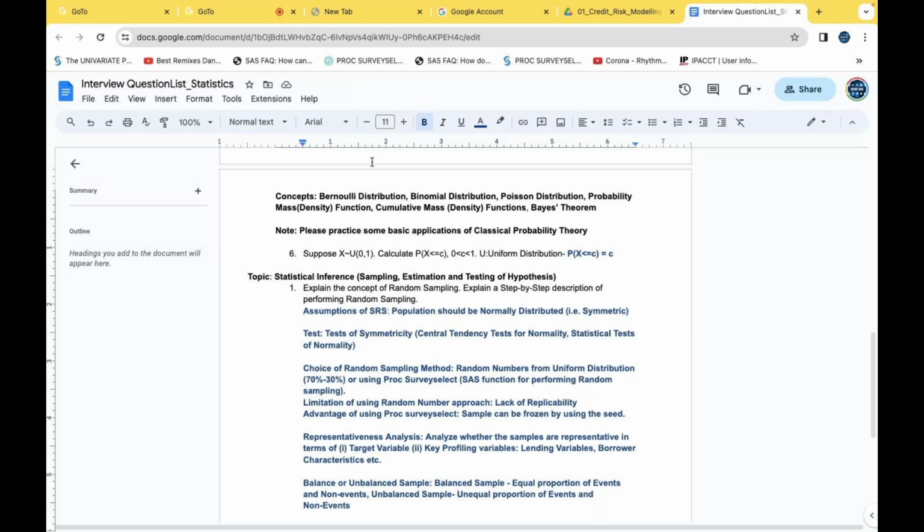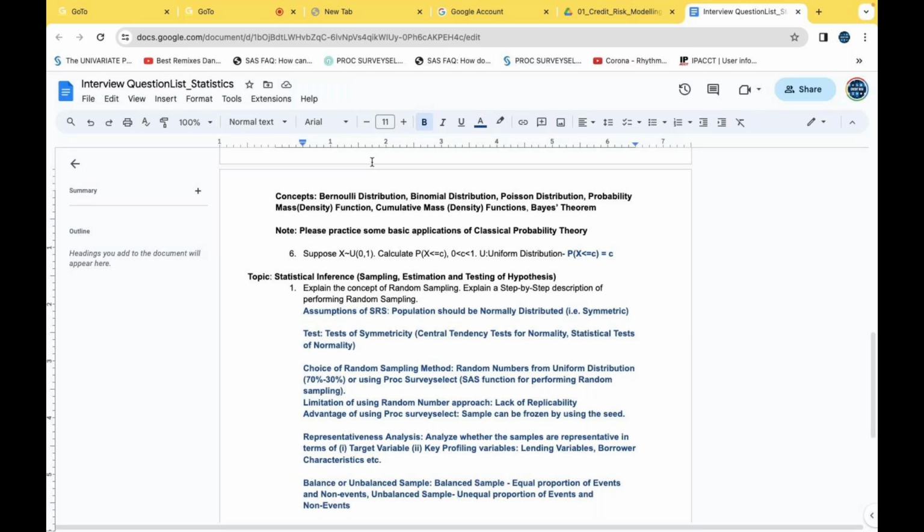So freezing the sample using PROC SURVEYSELECT and performing a simple random sampling with or without replacement is a better approach from the replicability perspective, and the representativeness analysis obviously holds. The one which gives the more representative sample, a more replicable sample with a better model estimate, would be the better approach for that respective data.